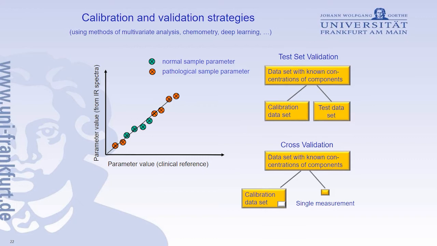And how it works principally is you take a correlation between a clinical reference value of a certain parameter, with values being in the red range, so potentially dangerous, and the normal range here in green, and you plot that versus the parameter derived from infrared spectroscopy.